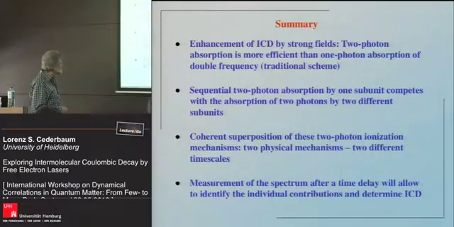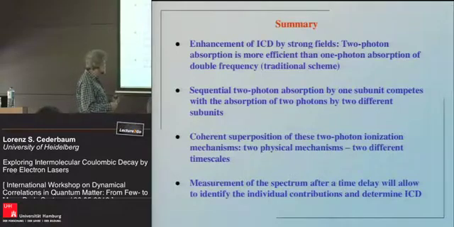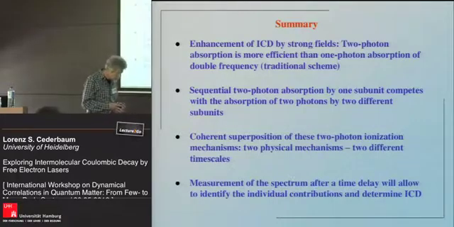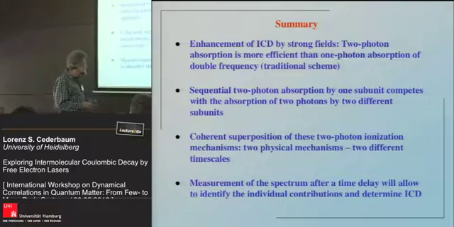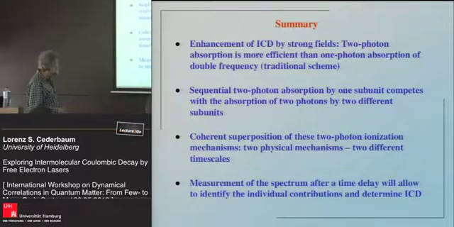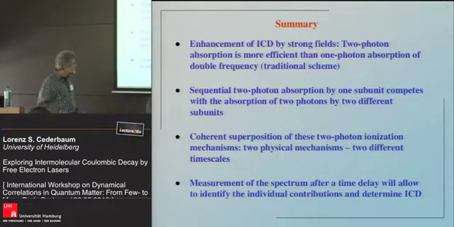So we have strong interference. And you can also measure the different parts of the spectrum, for example, different contributions, for example, ICD, by doing time-dependent measurements. So you measure up to some time, and by subtraction, as I showed you, you can determine the ICD.